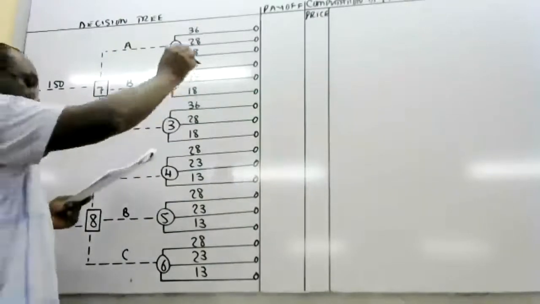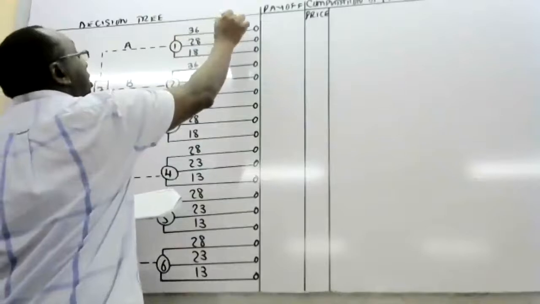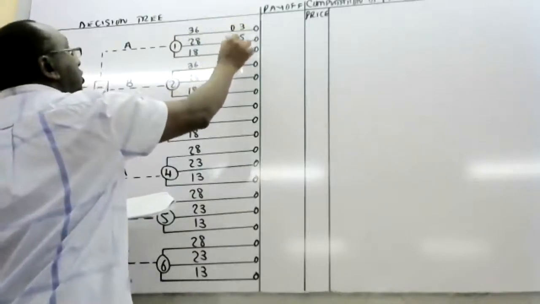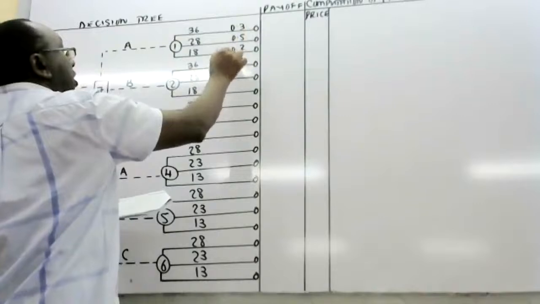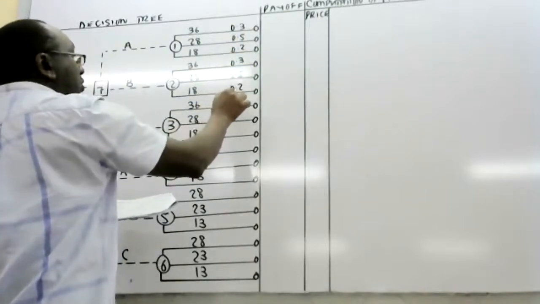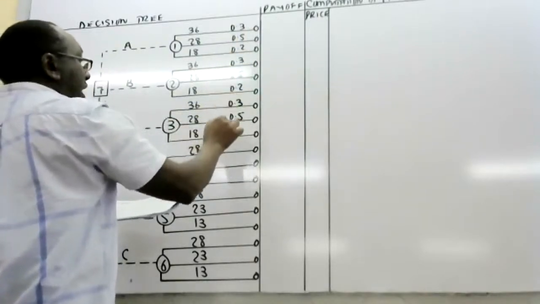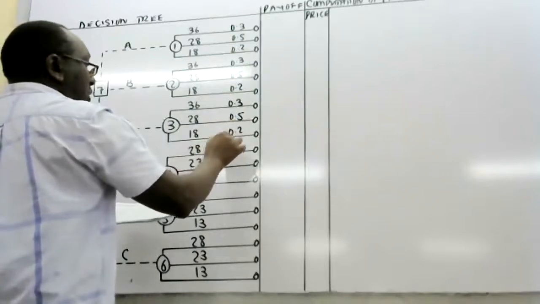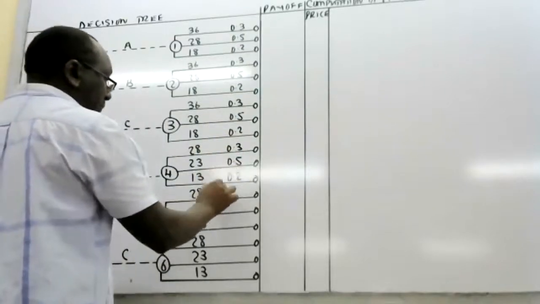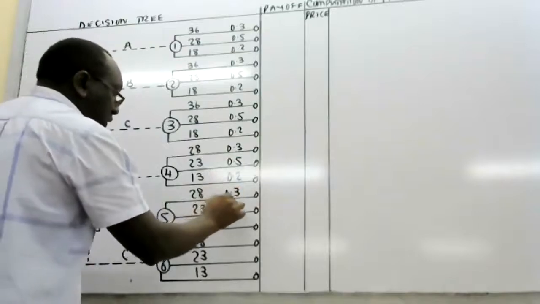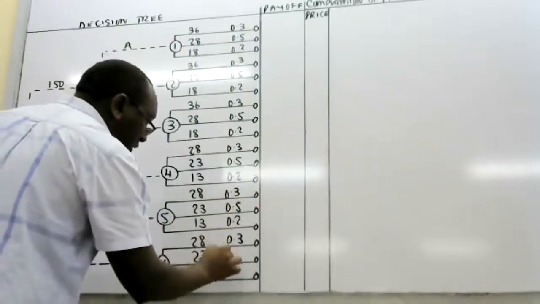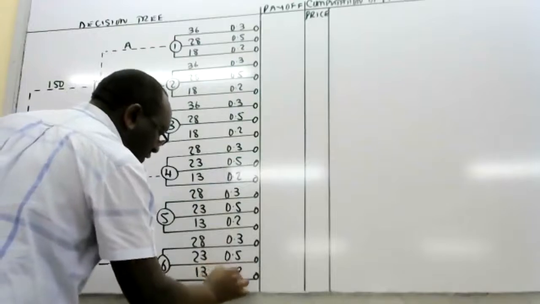So the probabilities, we have 0.3, 0.5, 0.2.